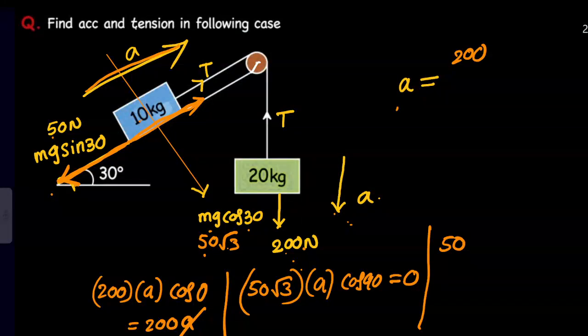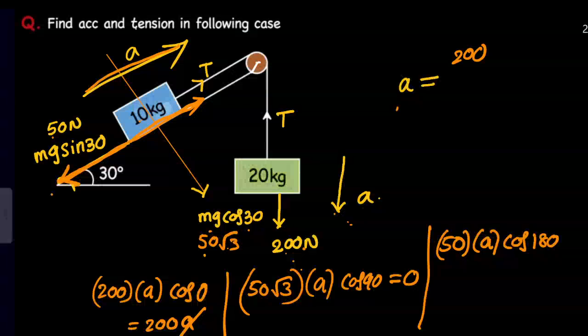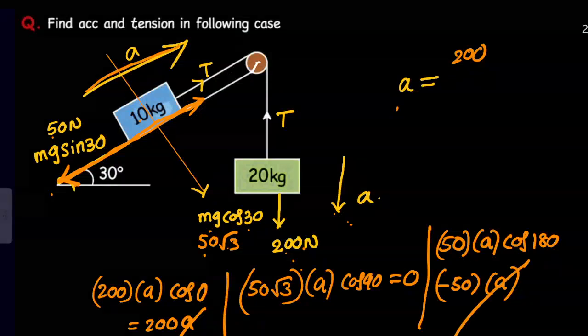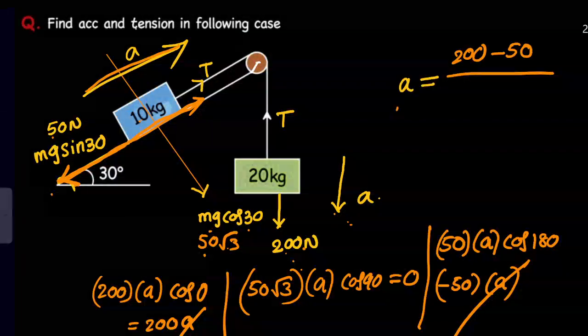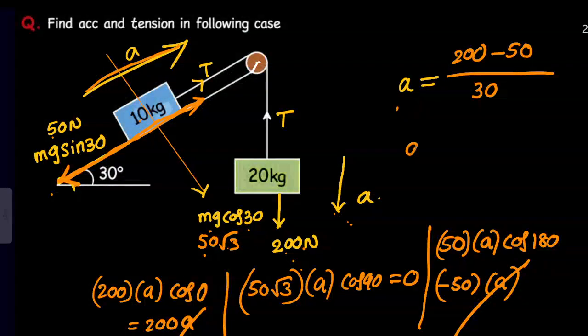So 50 into A into cos 180. Cos 180 value is minus 1, which will come to minus 50 into A. We are finding A only, so remove the A. What is left? Minus 50, by total mass. Total mass is 30. This is the acceleration.